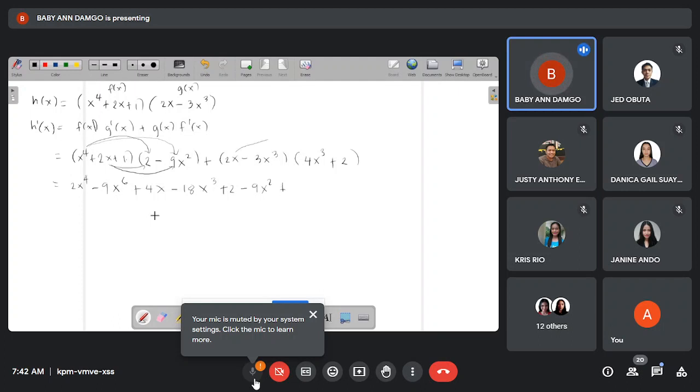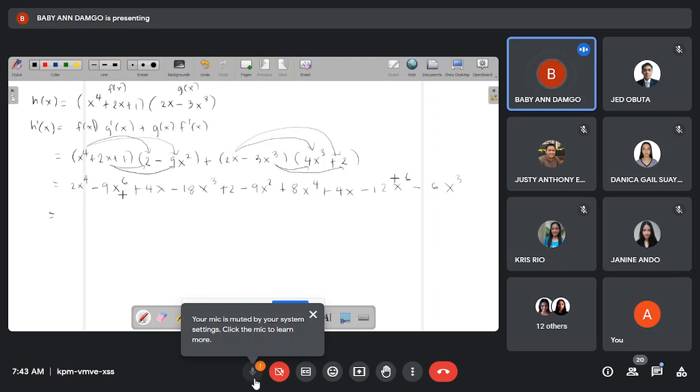Then here, 8x to the fourth, plus 4x, minus 12x to the 6, and minus 6x cubed. Okay? So, combine like terms.